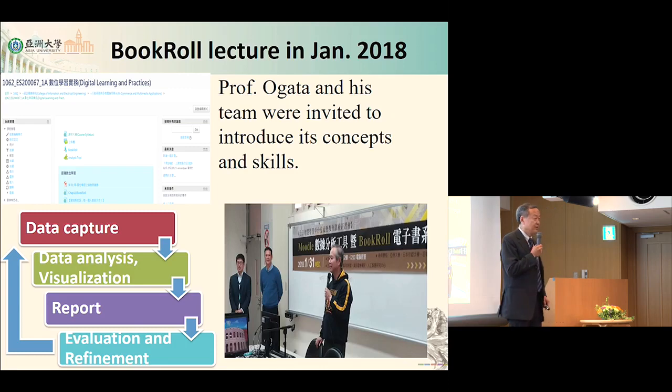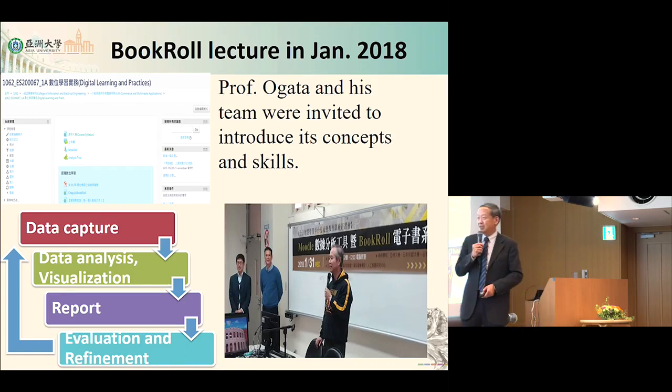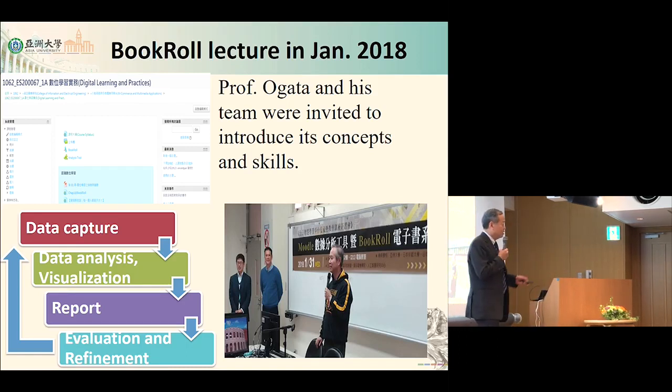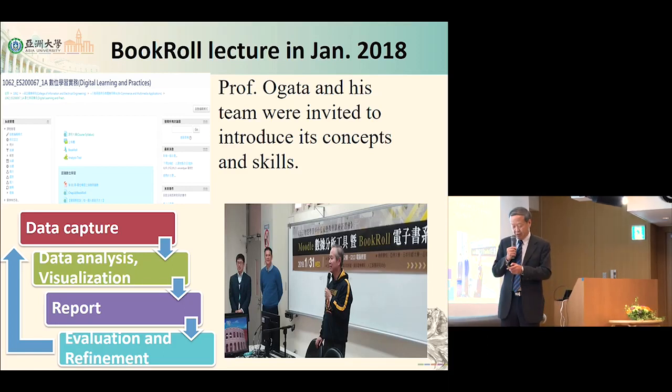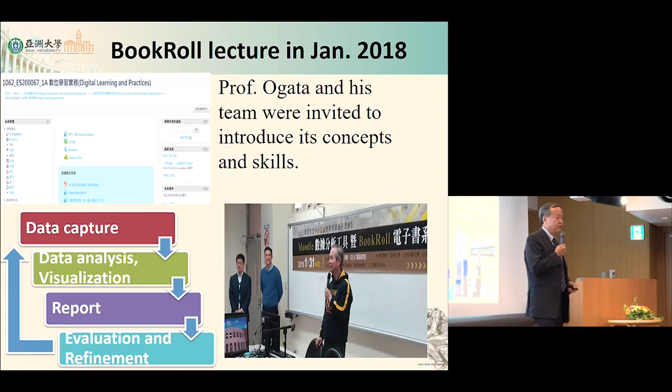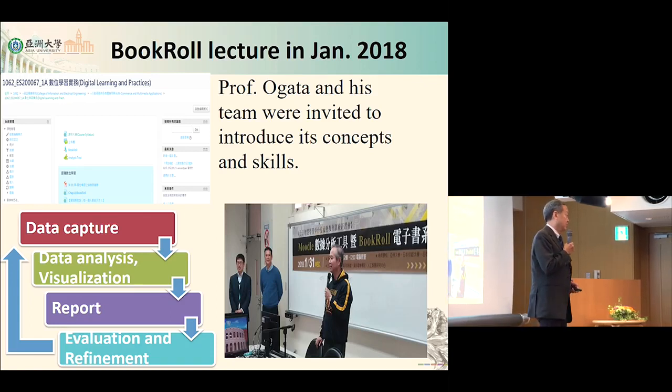One year ago, we invited Professor Ogata and his team to Asia University, and Professor Ogata introduced the BookRoll system. As you can see in this figure, basically the BookRoll system consists of four steps. The first step is data capture under the platform of BookRoll and Moodle.